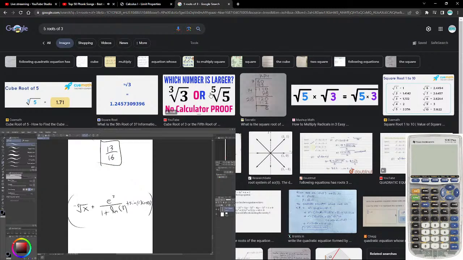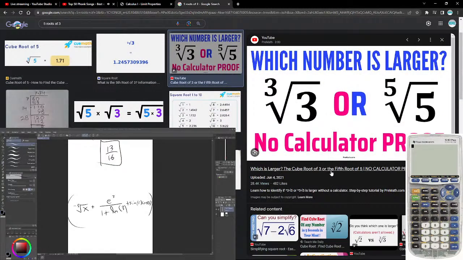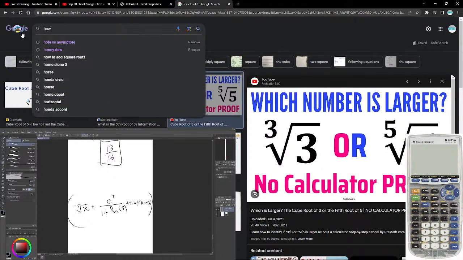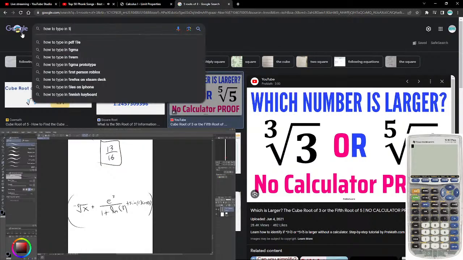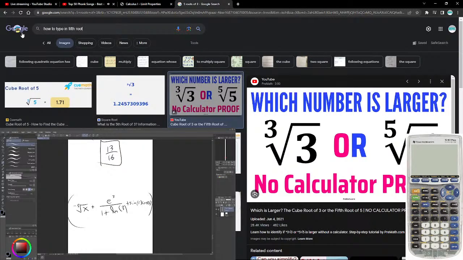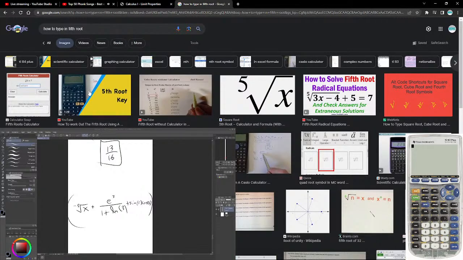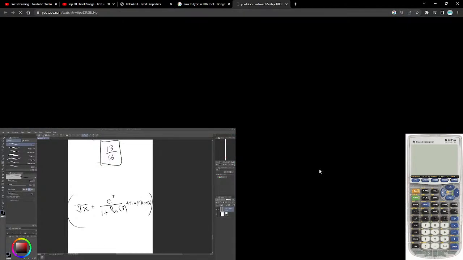That's not what I want. Cube root of 5, or 5th root. Okay, 5th root. How to type in 5th root. Here we go.